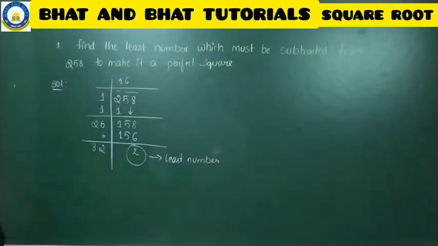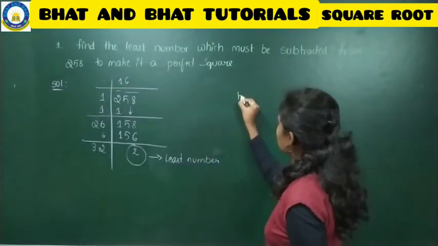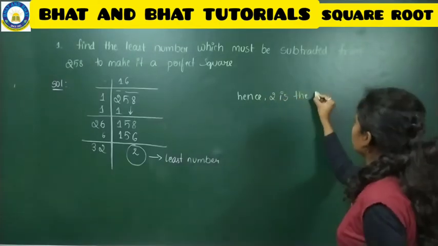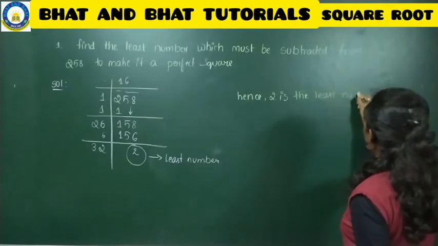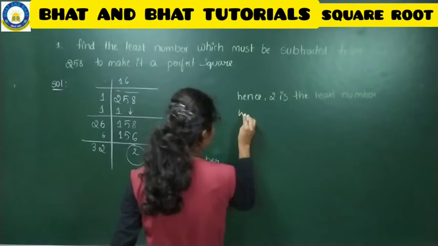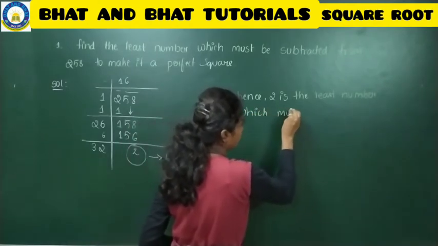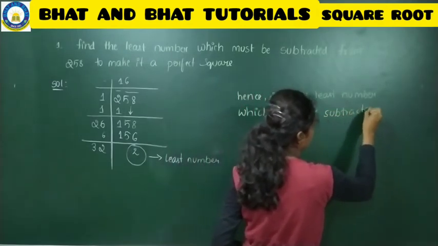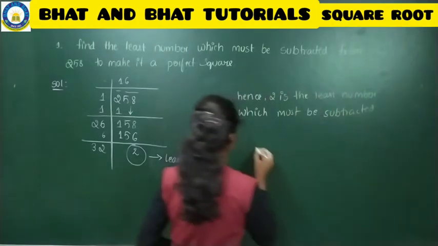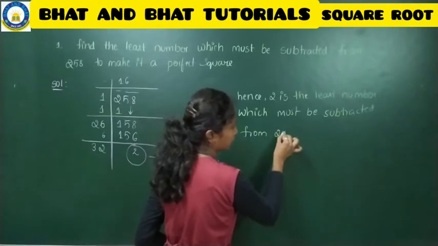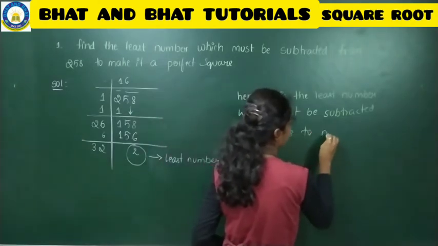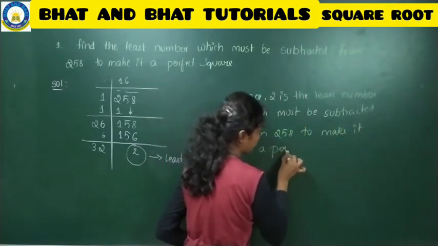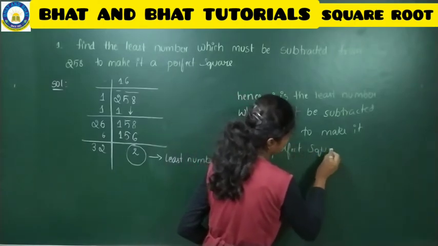Therefore, hence 2 is the least number which must be subtracted from 258 to make it a perfect square.